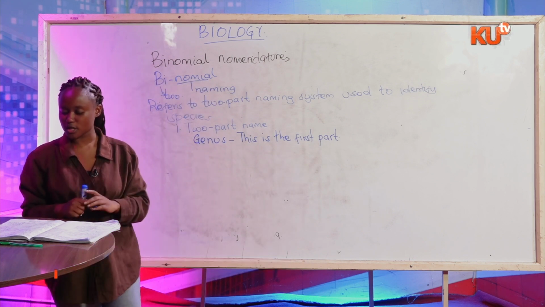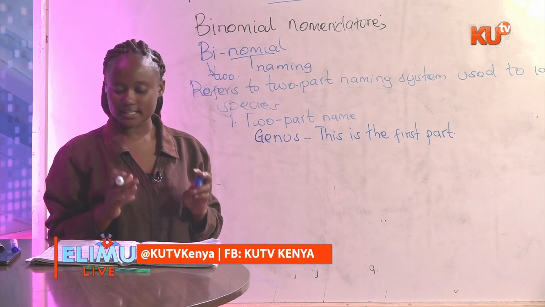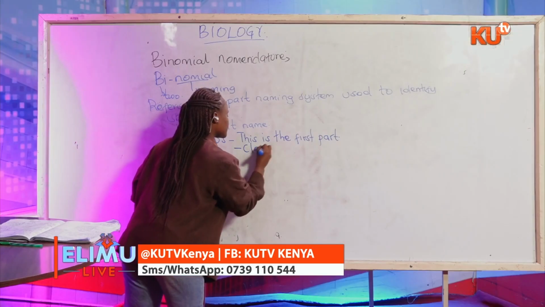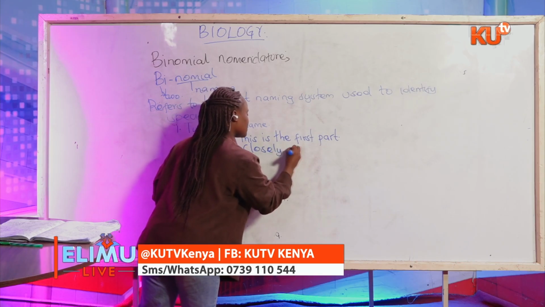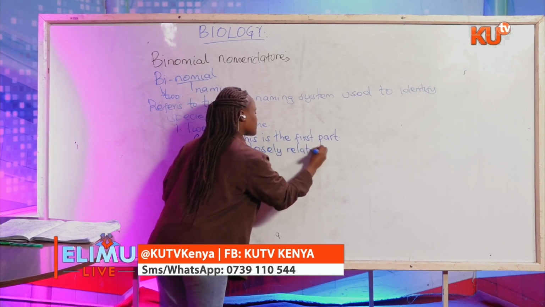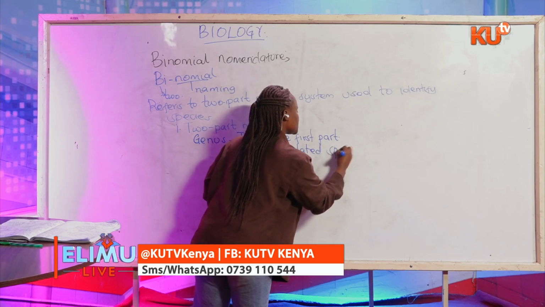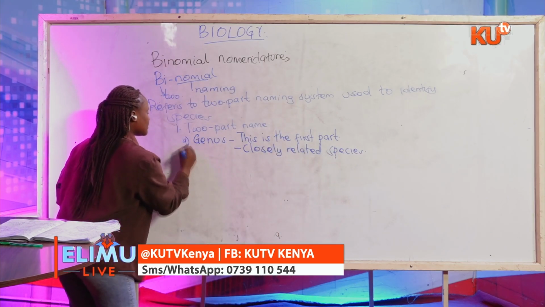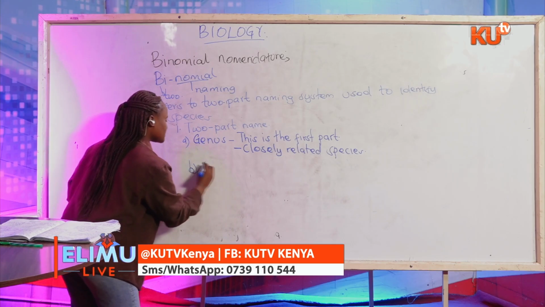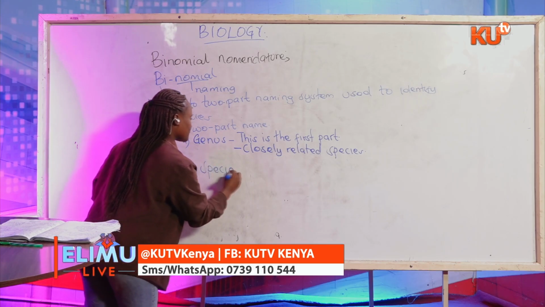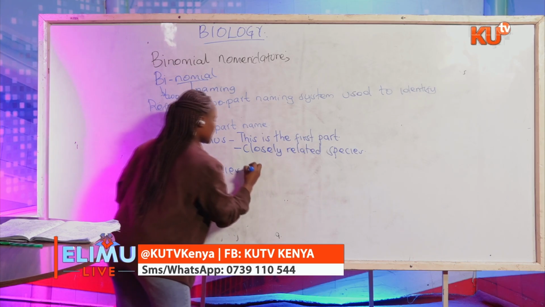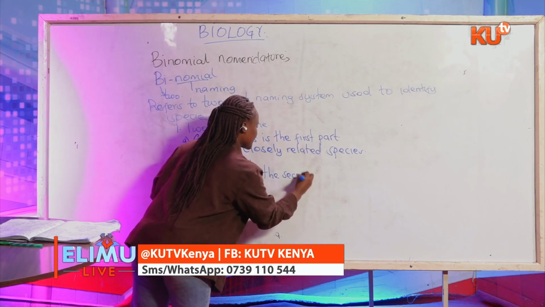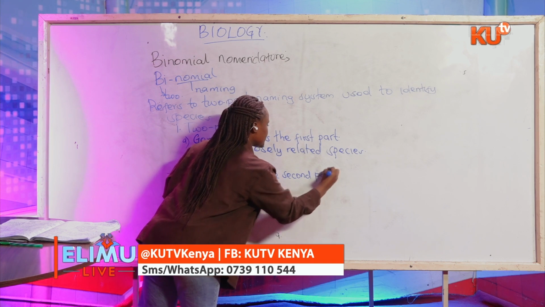It refers to the group of closely related species. And then the second one, we have the species. The species is the second part.